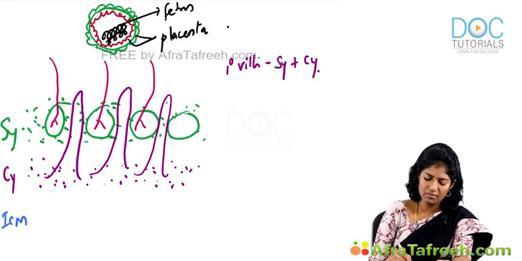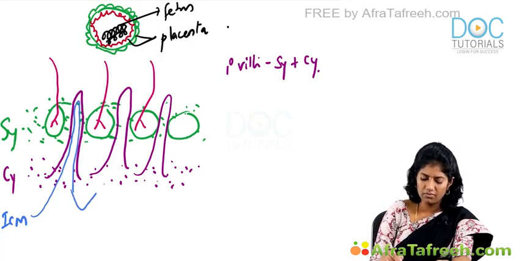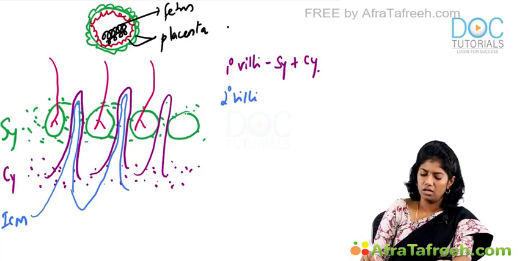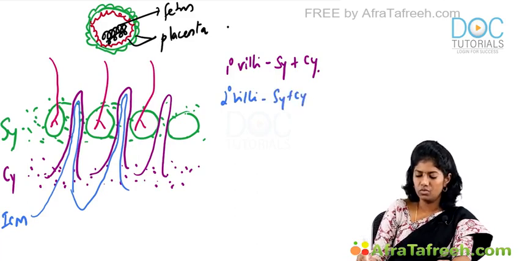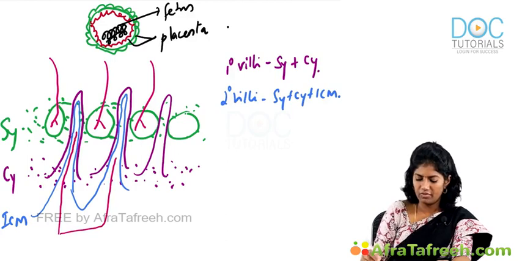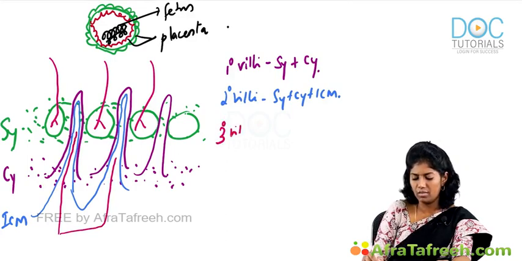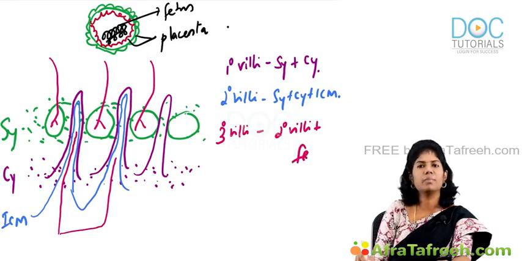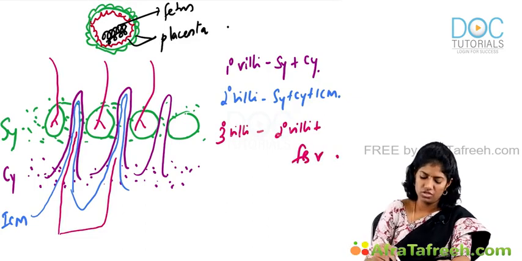The inner cell mass gives finger-like projections into the cytotrophoblast to convert this primary villus into a secondary villus. So, secondary villus is syncytial plus cyto plus inner cell mass, and when fetal blood vessels enter, these become tertiary villi. So, tertiary villi are nothing but secondary villi plus fetal blood vessels. So, this is a tertiary villus.